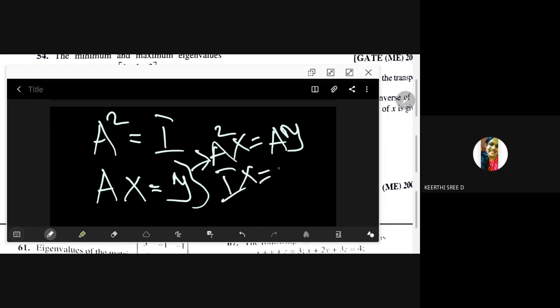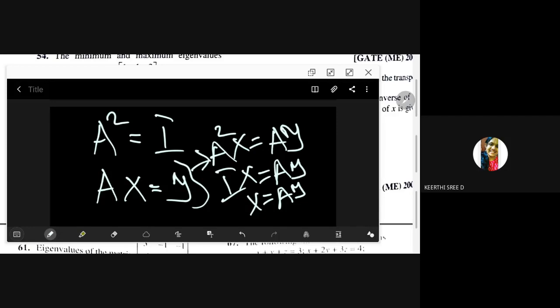So what I will do is from here, A squared x is equal to A y. But A squared is I, so Ix is Ay. Ix is x, so x is Ay. What is your answer from this?